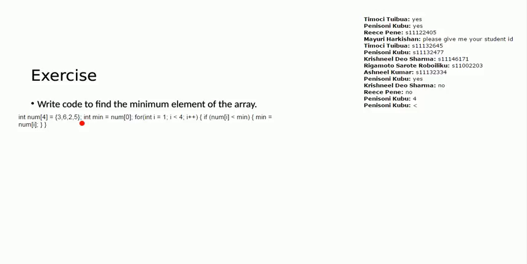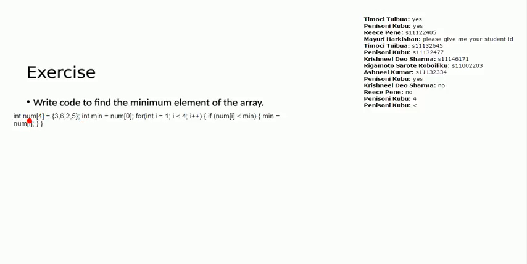So let's iterate through this and see if it works. We hope that this works, right? So int num 4 is equal to 3, 6, 2, 5. What should our answer be anyway? What's the minimum here? 2, right? So int min is equal to initially 3.